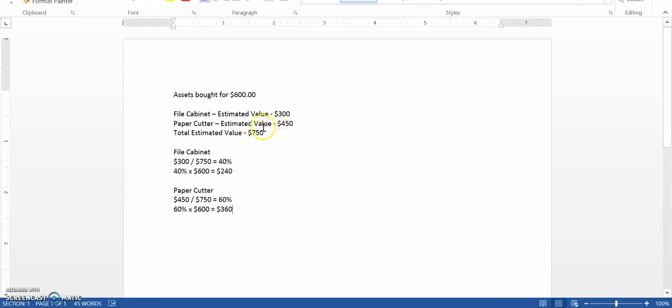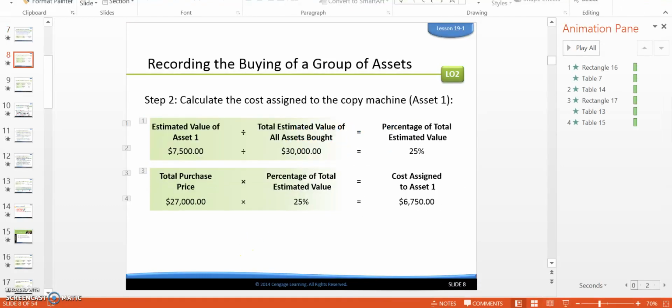So our total estimated value for those two assets is $750. So then it says in step 2, we have to calculate the cost assigned to each asset. So we take our estimated value of asset number 1 and divide by the total estimated value of all of our assets bought together. And that will give us our percentage of total estimated value. Then we're going to take that value that we just found and multiply it by our total purchase price in order to get our allocated cost.